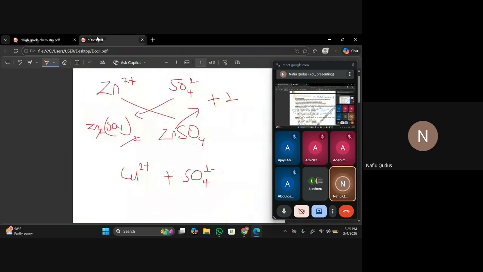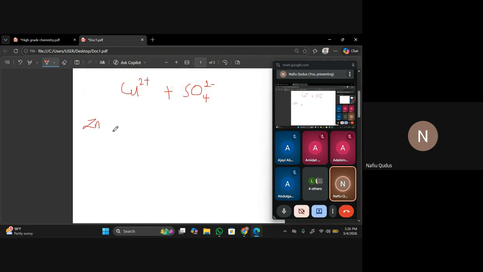Likewise, ZnSO4, we split it into Zn2 plus and SO4 2 minus, plus the copper here. Don't forget that we still have the state here as solid. Don't forget to put it there. Now this Cu2 plus is in aqueous form, SO4 is in aqueous form as well. Are we together?